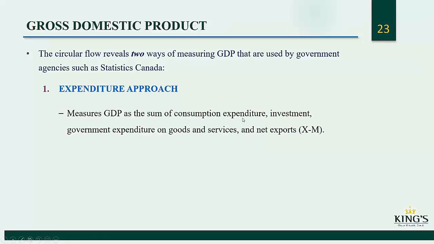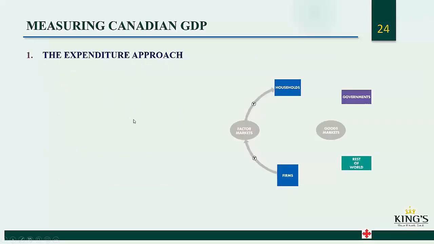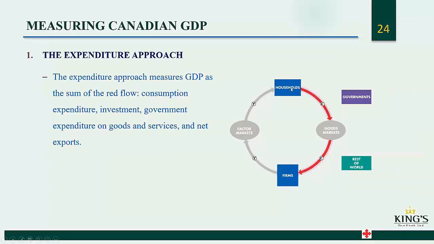So we can estimate gross domestic product simply by summing consumption expenditure, investment, government expenditure, and looking at net exports. And then the other approach, we'll go into this in more detail in a moment, the income approach, is essentially just going to measure GDP by summing all of the incomes of the factors of production.